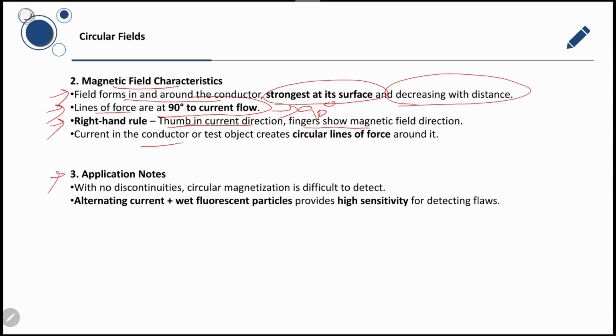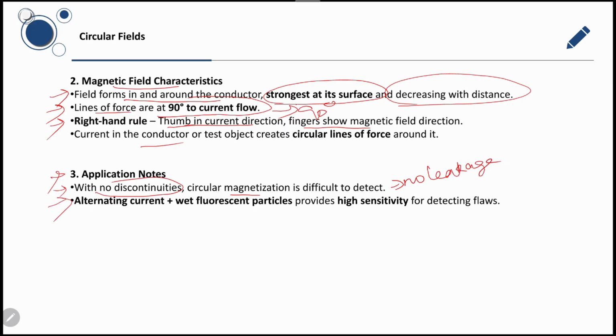And the next one is application notes. If the test object has no cracks, voids or flaws, no discontinuities, the circular field is uniform and difficult to detect because there is no leakage of magnetic flux.